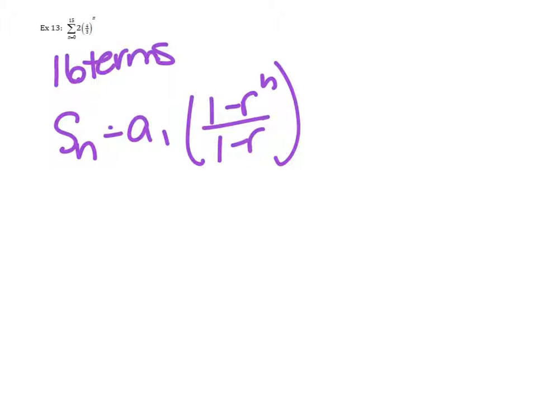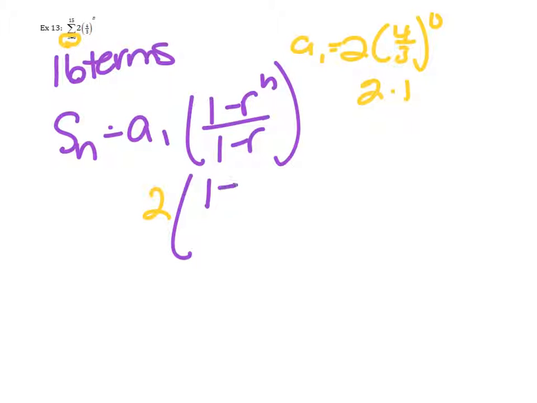My first term here, I'm going to get by plugging in 0 into my equation. So 4/3 to the 0 power is 1. 2 times 1 is 2. And then that's over 1 minus my ratio, which is 4/3.